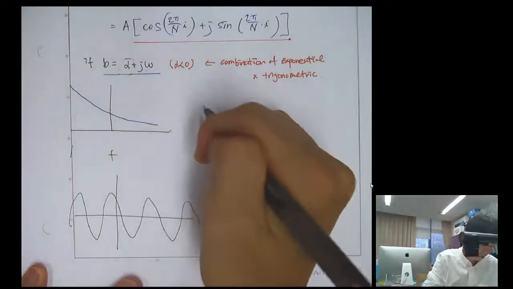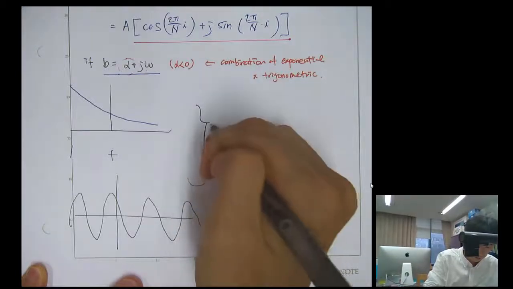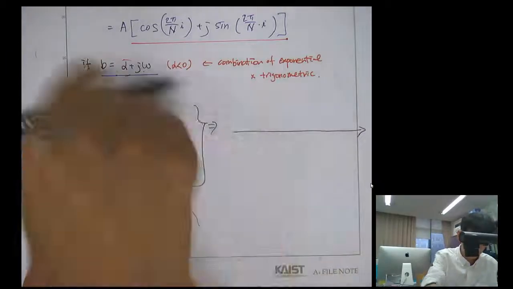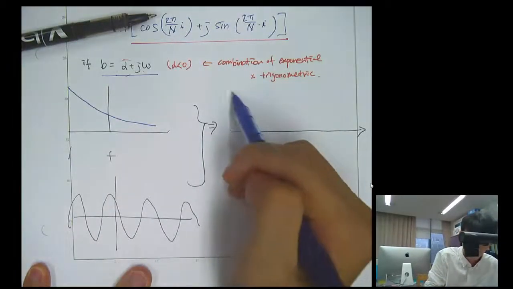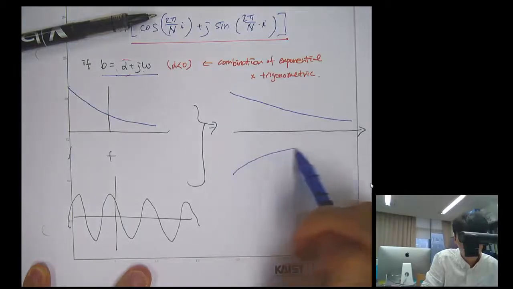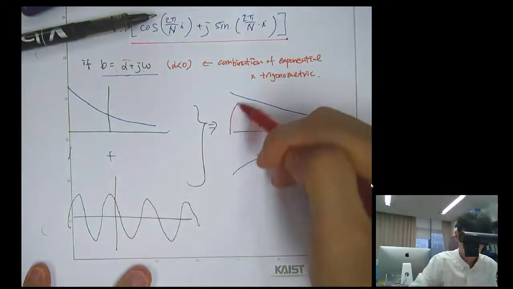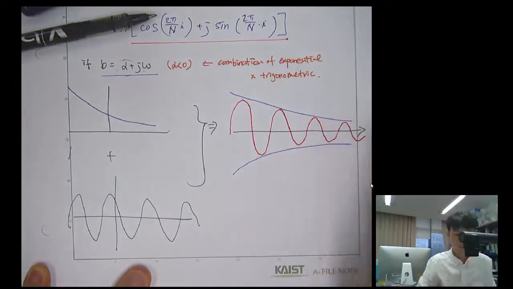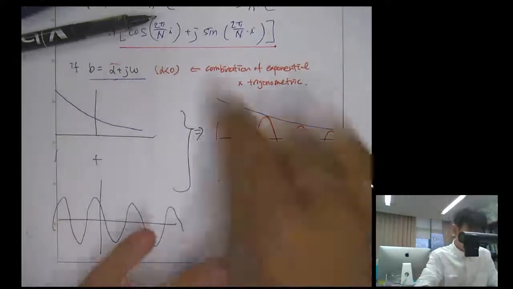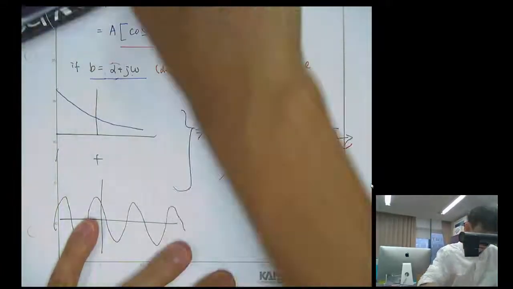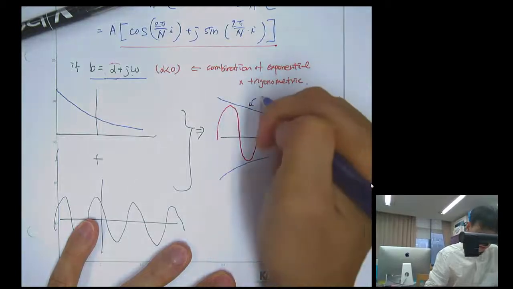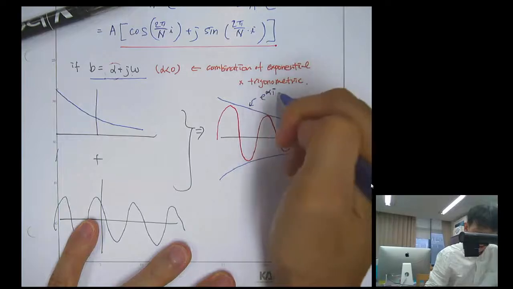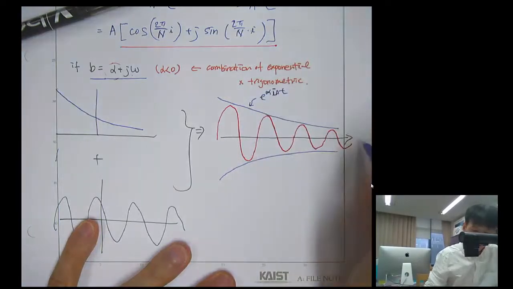So then this becomes this kind of attenuating signal. So here, this is e to the minus alpha i delta t, when this is time.